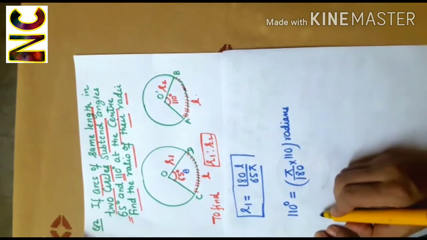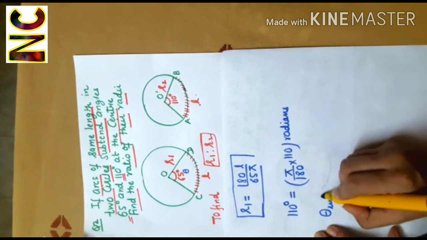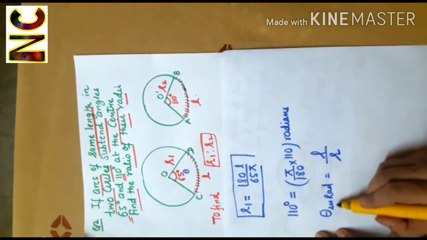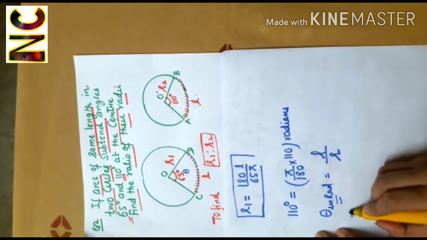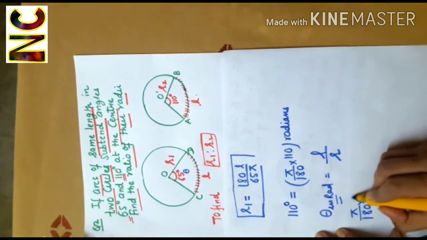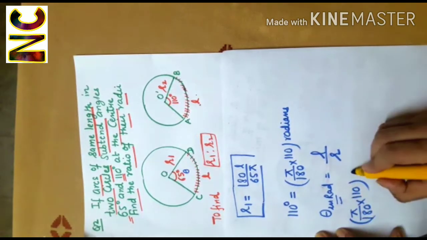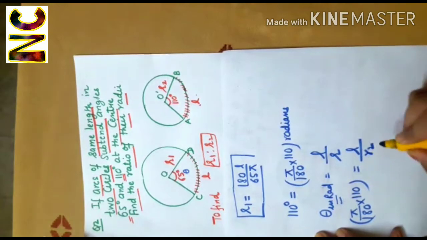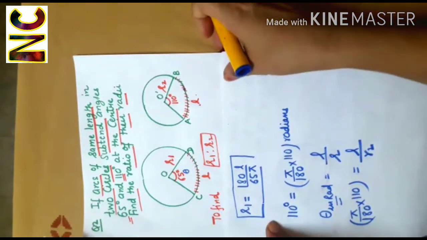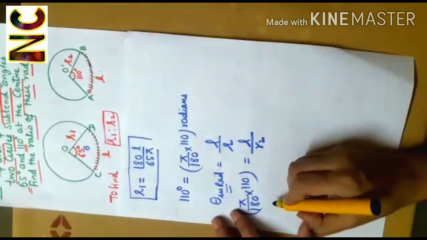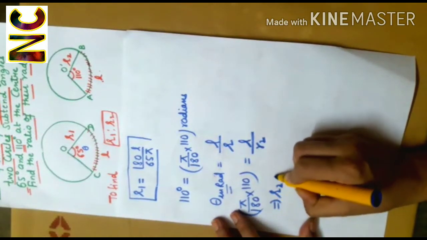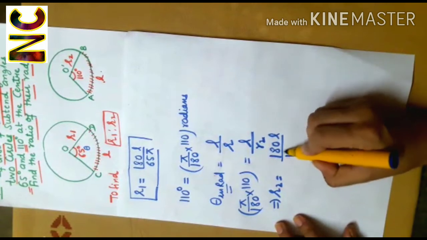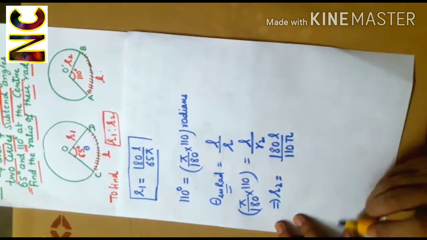So here also theta in radian will be equal to L by R. Theta in radian is this, pi by 180 into 110. Length of the arc is L and radius is R2. So from here R2 will be equal to 180 L over 110 pi.